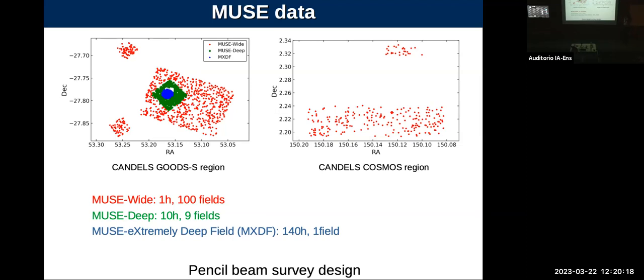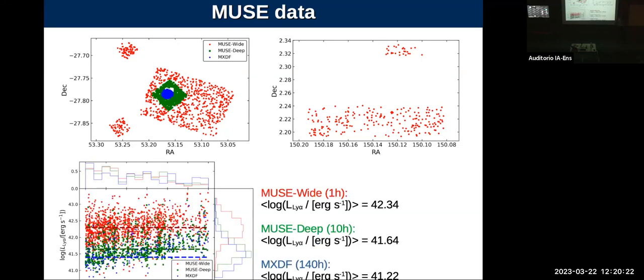Now, because of these different exposures of the 3 different surveys, the Lyman-alpha emitters that you are going to detect in each of these surveys have slightly different properties. So what I'm plotting on the y-axis is the Lyman-alpha luminosity as a function of redshift of the surveys. And these dashed lines correspond to the median luminosity of each of the samples.